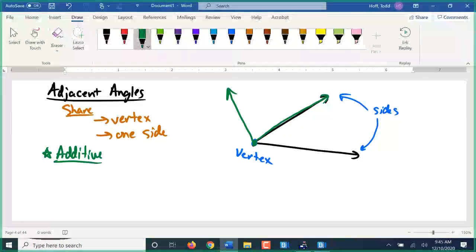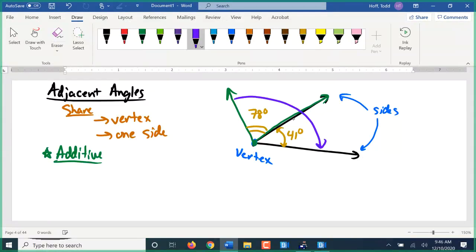What that means, if I know that this angle here is 41 degrees, and I know that this angle here is 78 degrees, then I can find this whole big angle by adding those angles. 78 plus 41, or 41 plus 78, however you want to do it, is 119 degrees. So that bigger angle is 119 degrees.